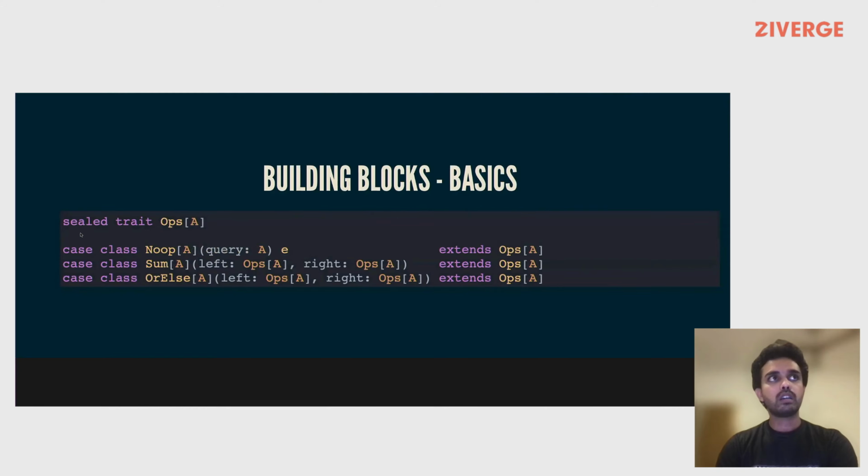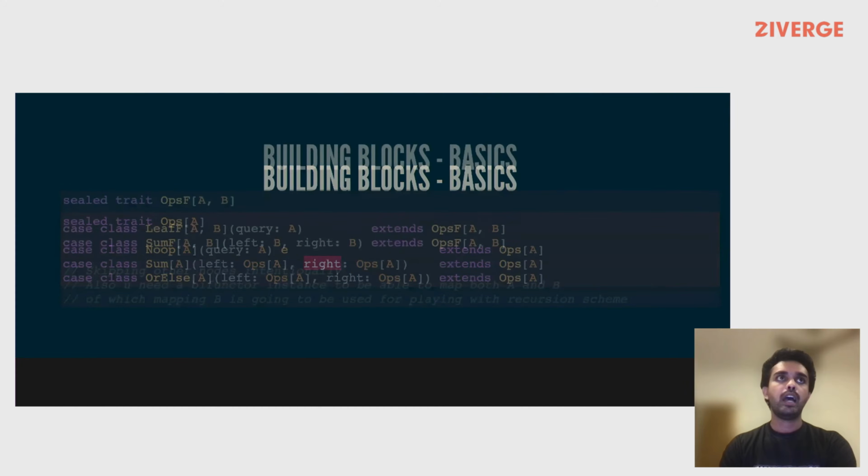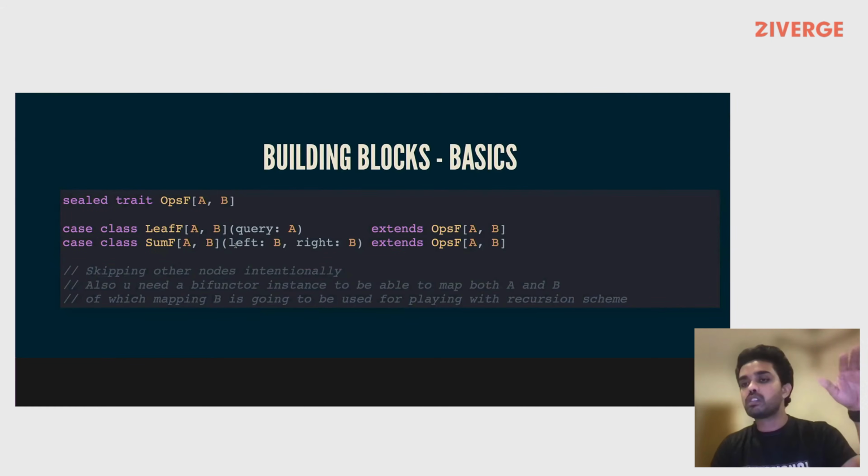So this was our recursive structure, which is Ops. And you can see left and right as recursive. This is also a simplified version of our Ops that we have seen. We are converting Ops to OpsF, and we have a new type parameter B representing the recursion holes. And the original A will be there just as before.